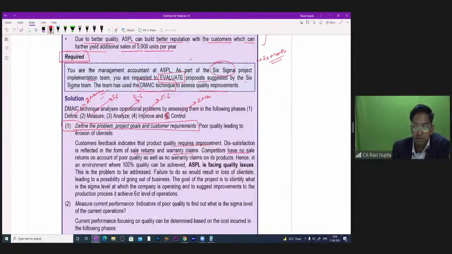Competitors have no sales return on account of poor quality, as well as no warranty claims on their product. Hence, in an environment where 100% quality can be achieved, ASPL is facing quality issues.